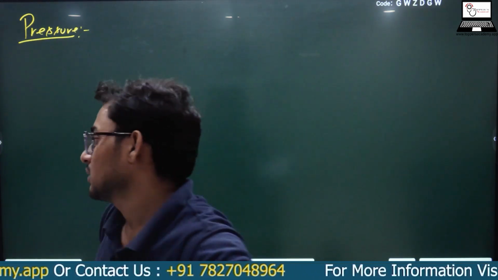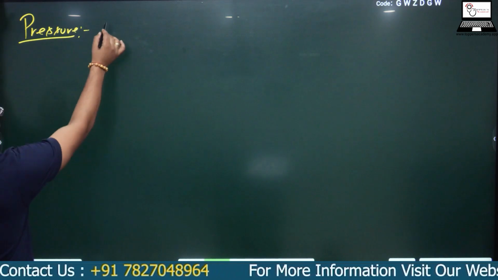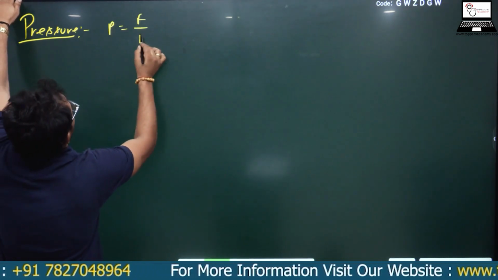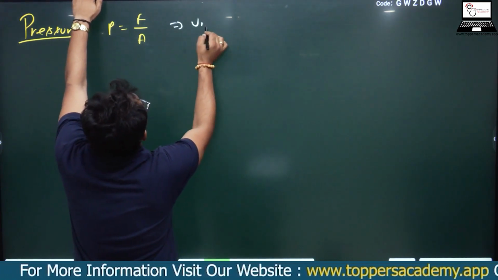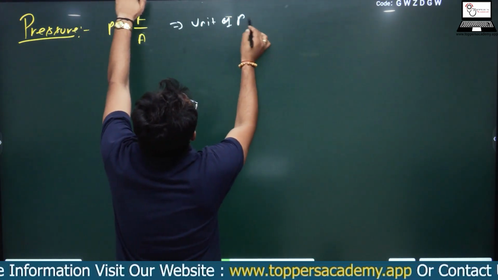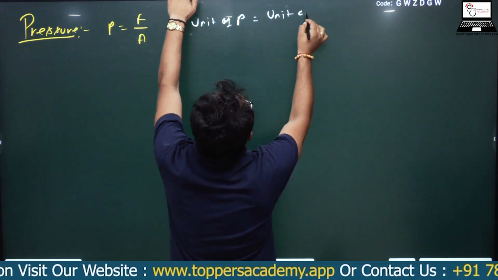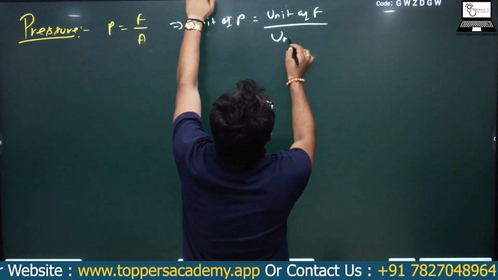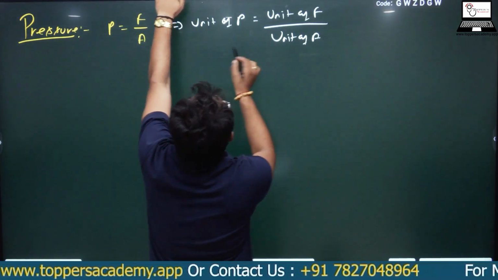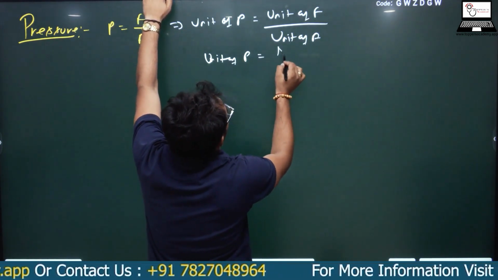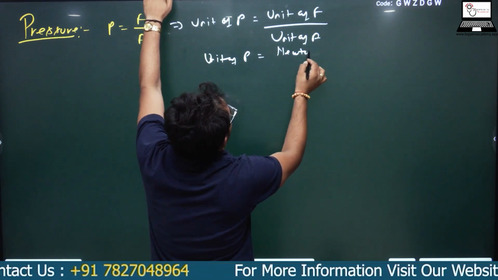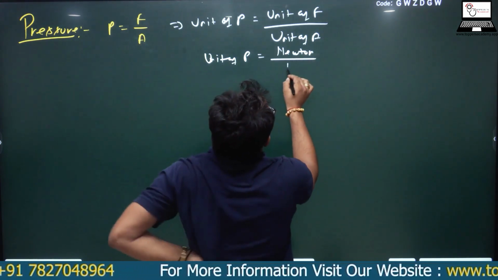Listen, pressure is equal to force upon area. So obviously, my dear students, unit of pressure is equal to unit of force upon unit of area, that is Newton upon unit of area, meter square.